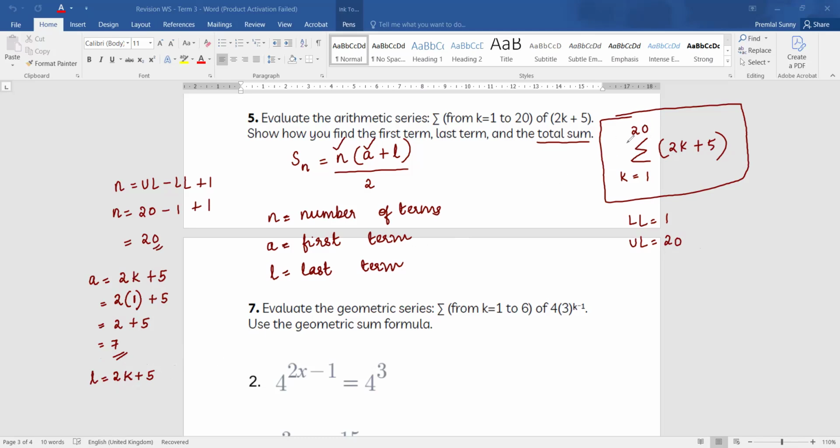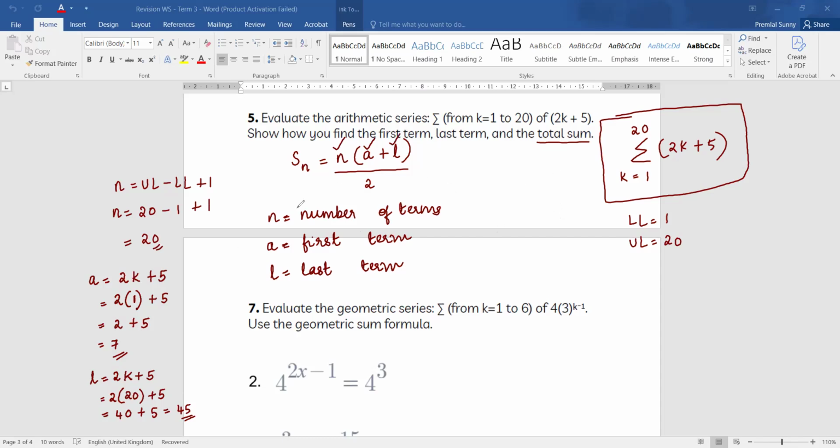So 2 times the upper limit 20, plus 5. Now 2 times 20 is 40. 40 plus 5 is 45. Now we have the L as well.